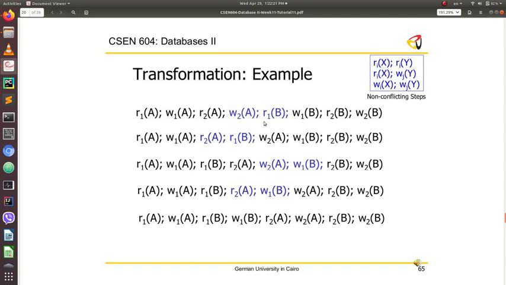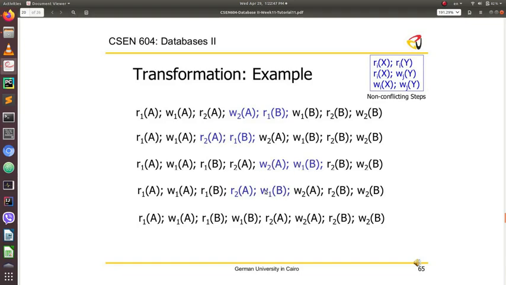So by swapping the read of transaction 1 and write of transaction 2, then here we will swap the read operation of transaction 1 and read operation of transaction 2. Next we will swap the write operation of transaction 1 and write operation of transaction 2.